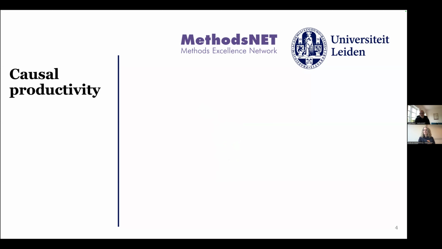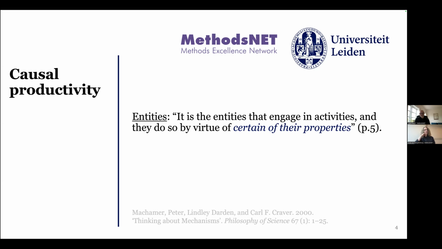Now, this idea is actually taken from a by now somewhat old paper, written by Mahama and colleagues, where the idea is to focus on entities engaging in activities and how those entities and activities hand on the causal energy, the causal powers to a next entity and a next activity that then start doing something, wherewith you get a logical explanation from a starting point to an end point.